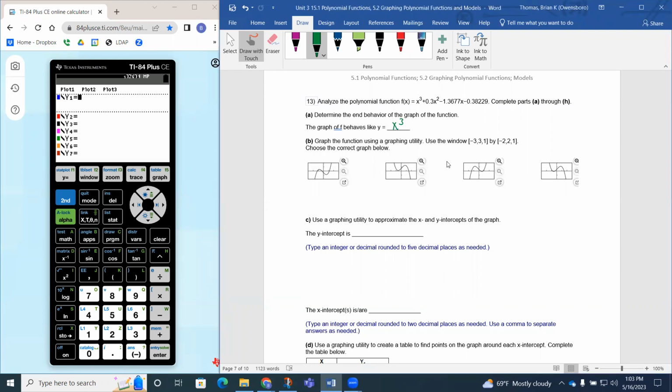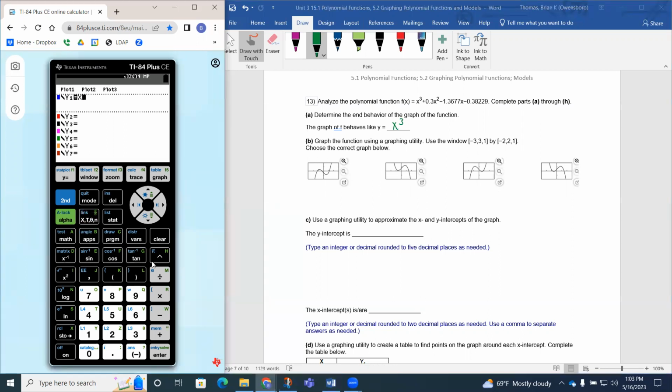So let's go ahead and graph this using the graphing utility. So y equals x cubed... So a tough one to type in.